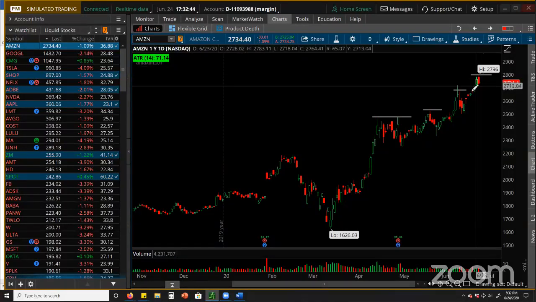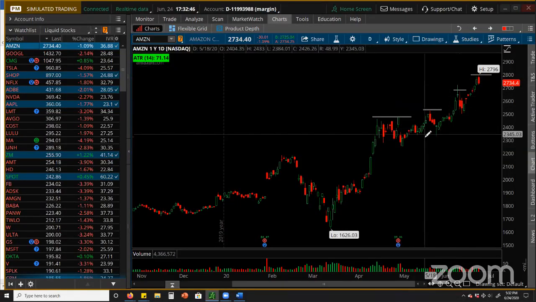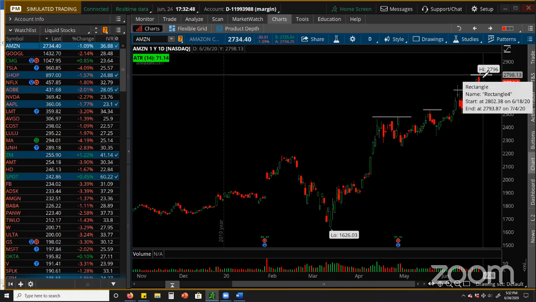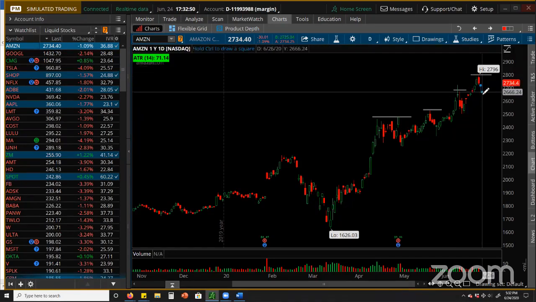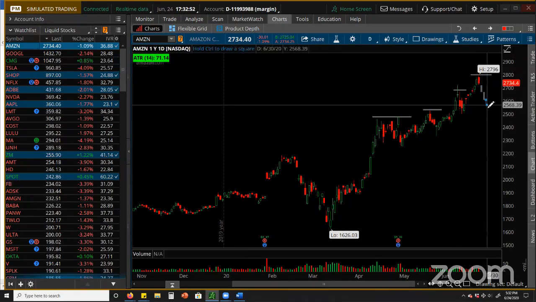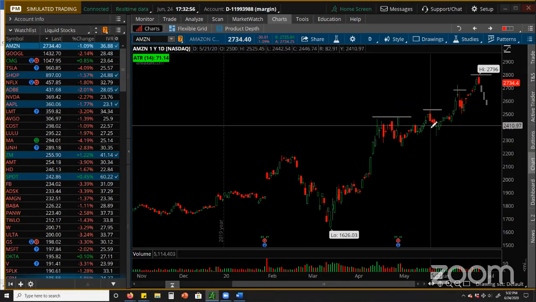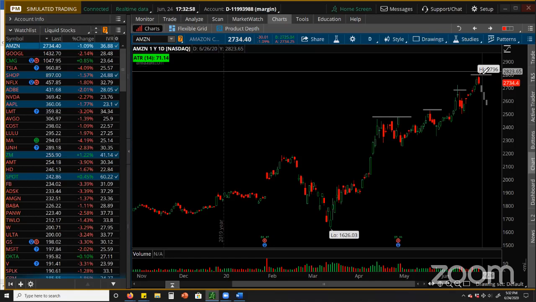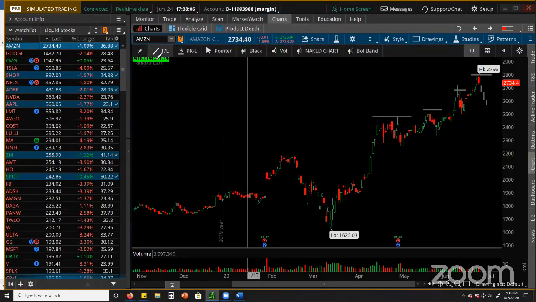Okay. But I like the acceleration in Amazon. So if this thing were to carve out a 2, 3, 4 bar pullback, that's the type of dip I like because the trend is increasing in strength. This northbound train is speeding up. And that gives me more confidence that buyers will step up and buy the dip.